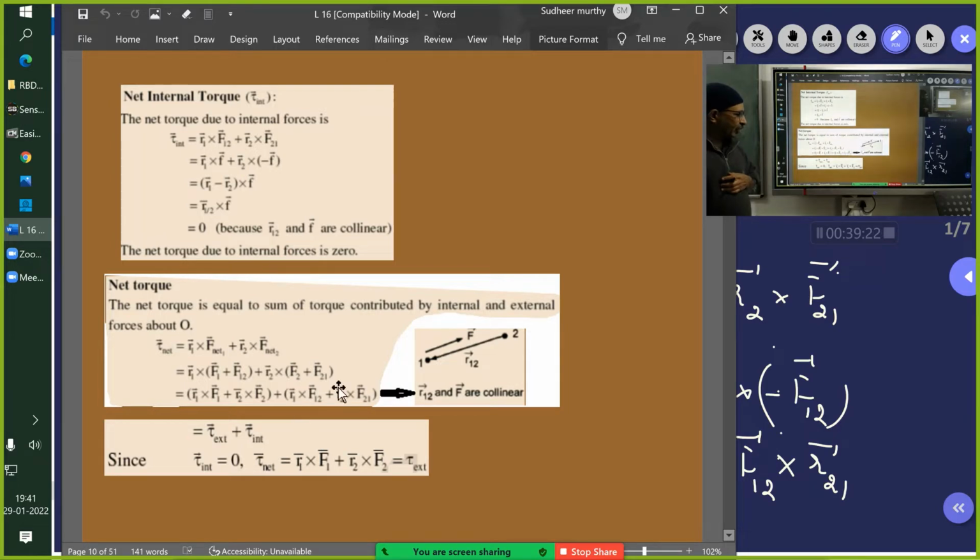The expression we just now proved is equal to 0. But what remains is R1 bar cross F1 bar plus R2 bar cross F2 bar. So you can write it as tau bar external plus tau bar internal. The internal one, you just now proved is equal to 0. And net torque will be the combined effect of the torque due to the individual forces. Done.